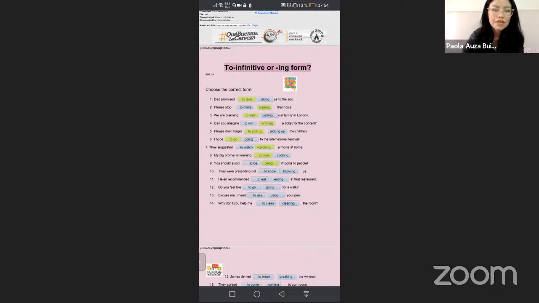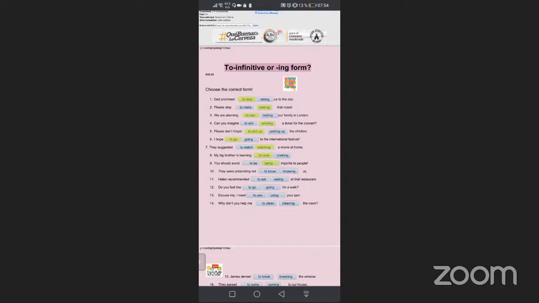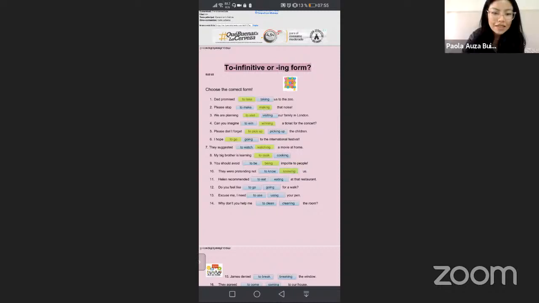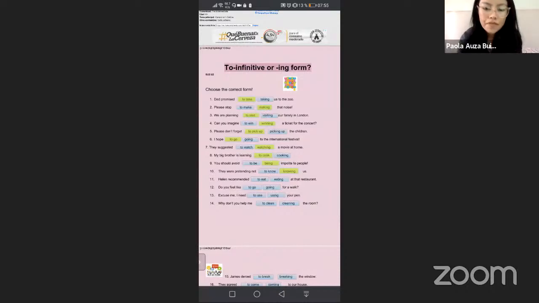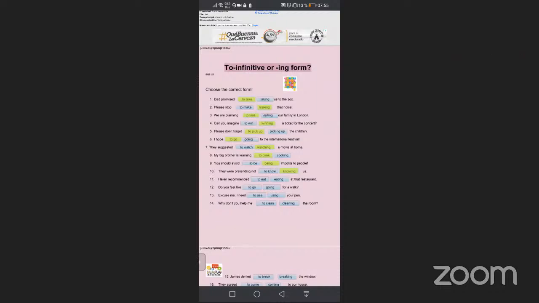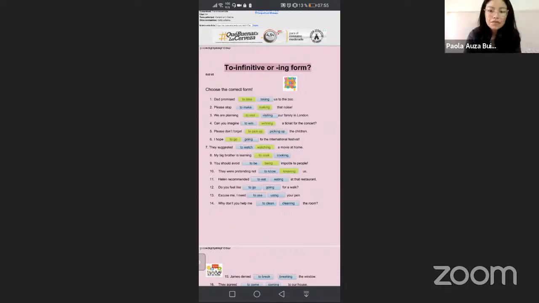Excellent. They were pretending not to know us. Helen recommended, sorry, it's the other one in number 10, to know us. Yes, to know.